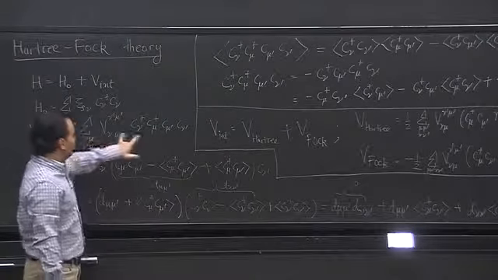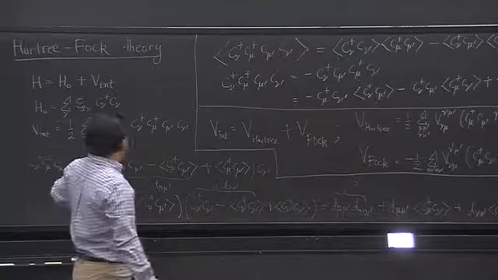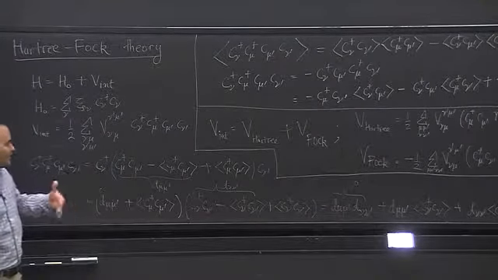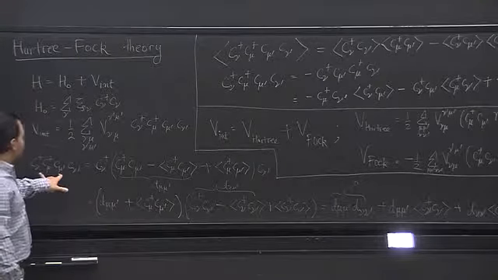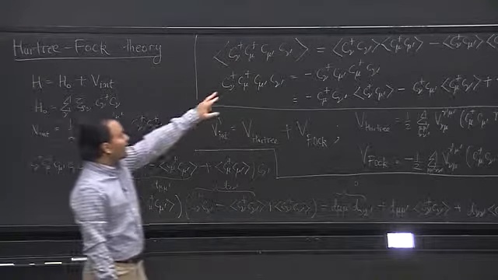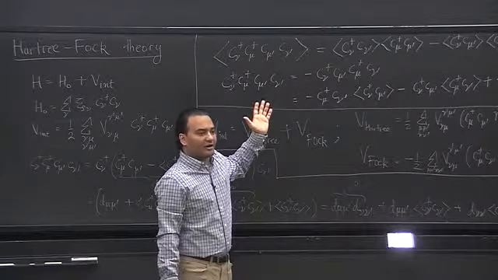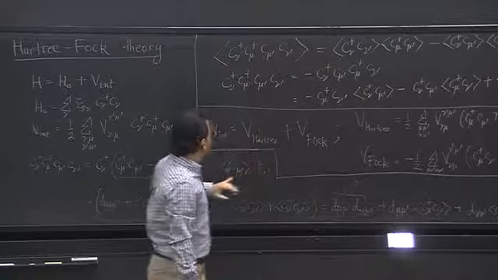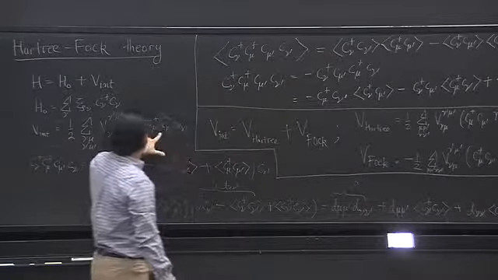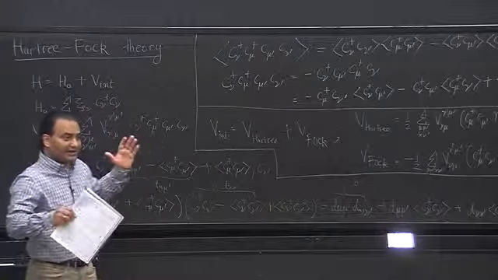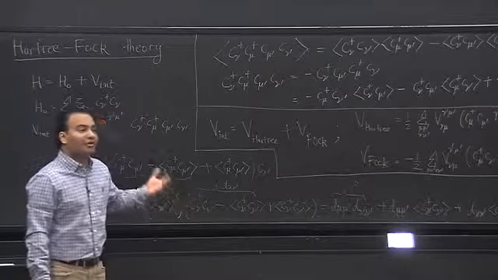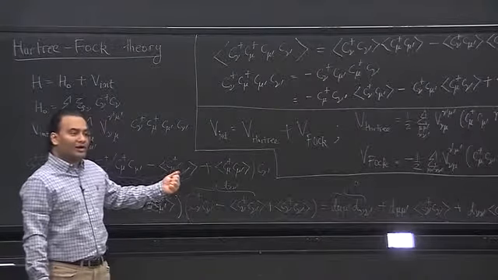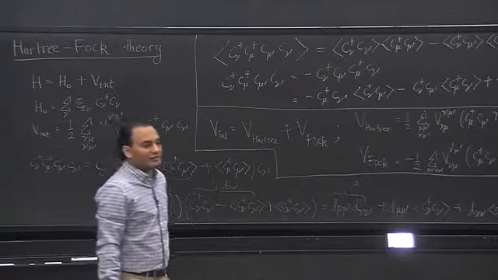We have an additional 1/2 factor because we basically have 2 of these same terms that we write down in different ways. No, so let me try to explain why. The idea is that you can destroy 2 particles, but you can create in any order, and both of them will give you a non-zero expectation value. So this term is actually a sum of 2 terms in terms of expectation value. It is a sum of 2 terms where you first destroy 2 particles. In one term you create in one order, and in the other one in the other order.